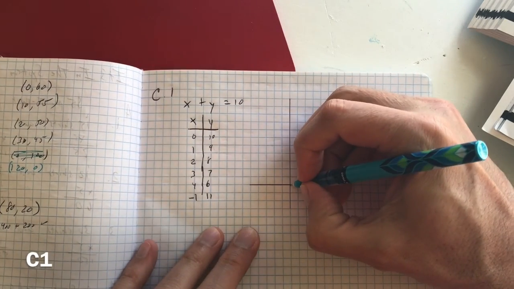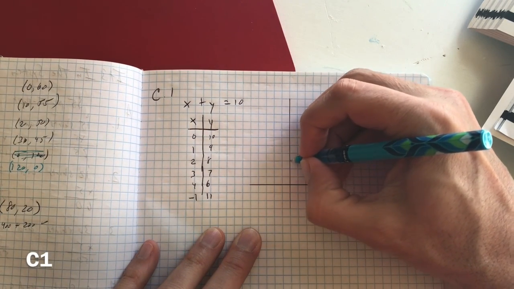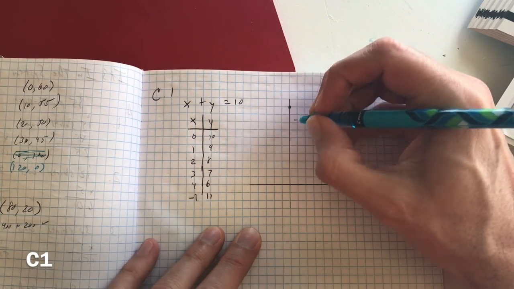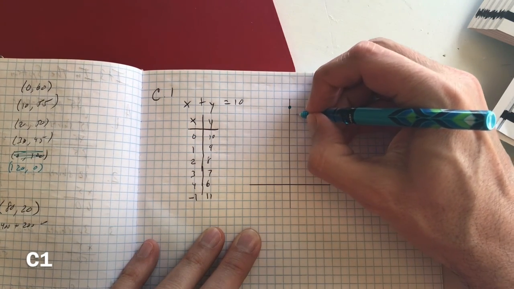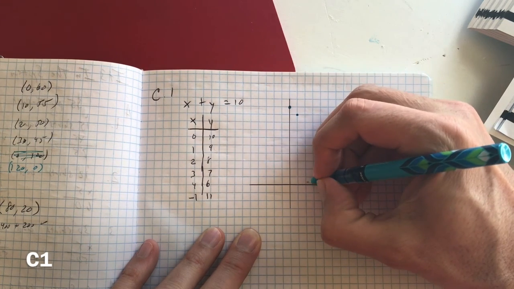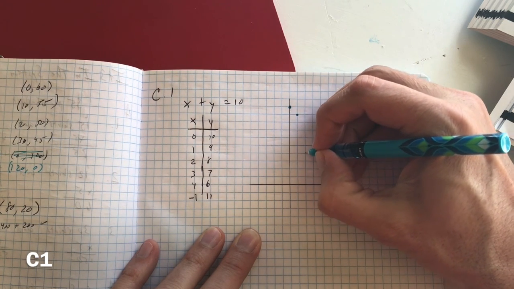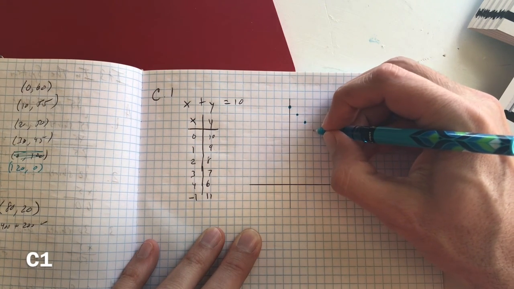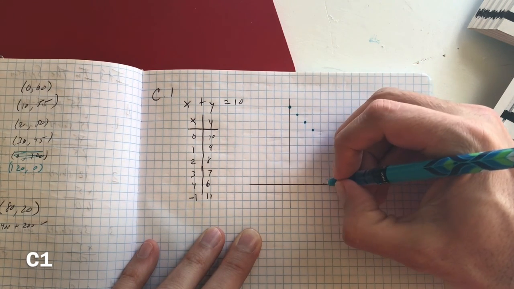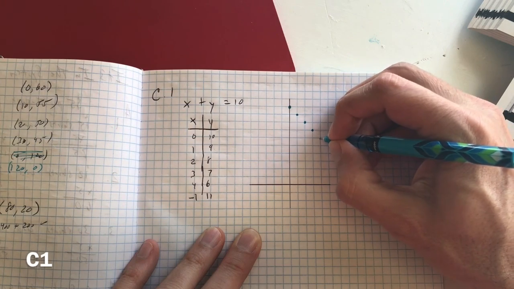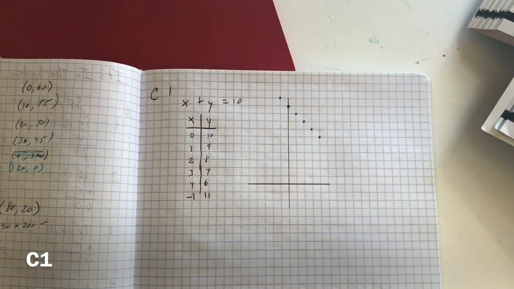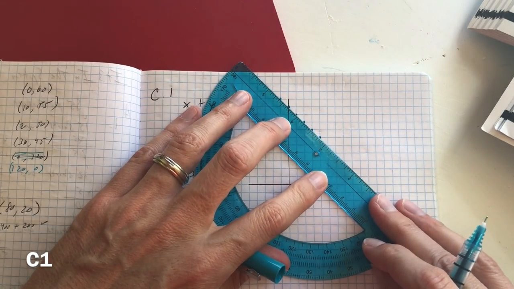So 0 and 10. 1 and 9. 2 and 8. 3 and 7. 4 and 6. And there it is. There's -1 and 11. That's what that graph would look like right there.